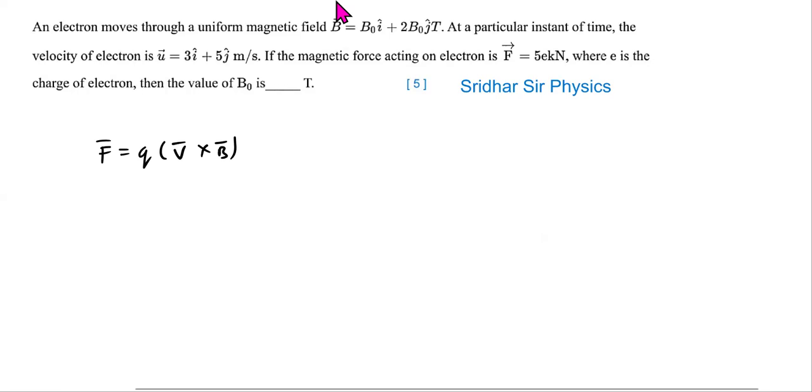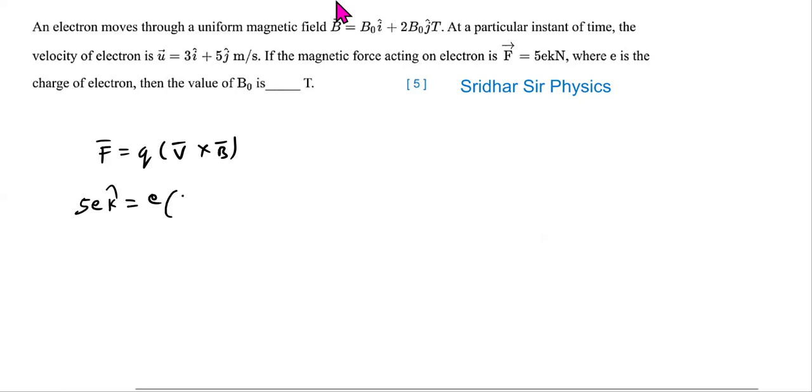What is the value of F? F equal to 5 e k cap, where e is the charge of the electron.